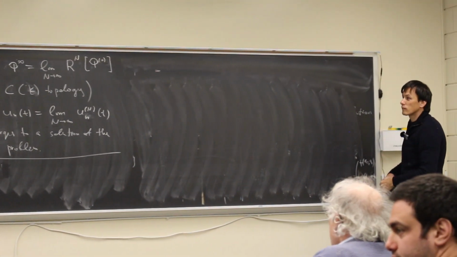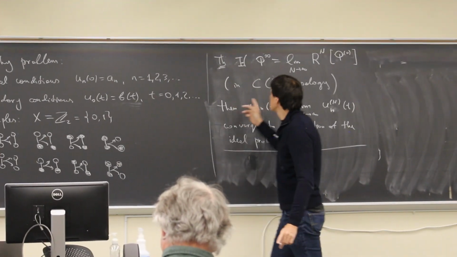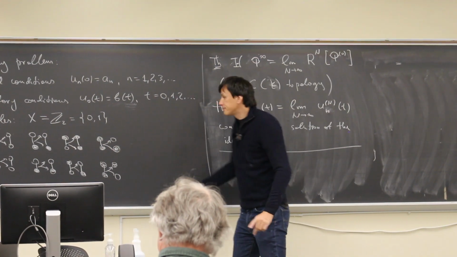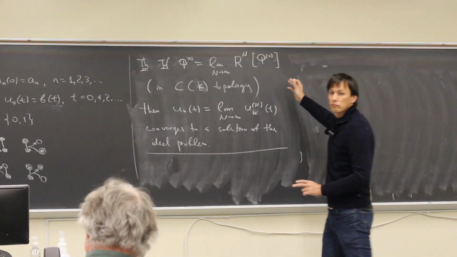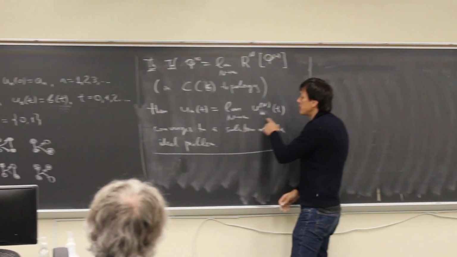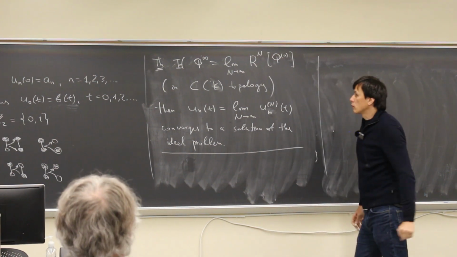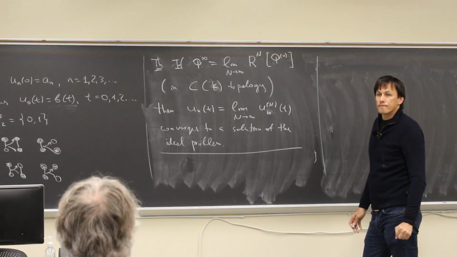In which situation did this hold? This holds in example A. Okay, thank you. Yeah, so if you take these interactions, this holds. If you take these interactions, this doesn't hold. So if this doesn't hold, this means that we don't have a limit. So these sequences diverge.